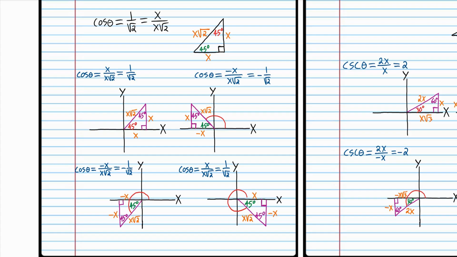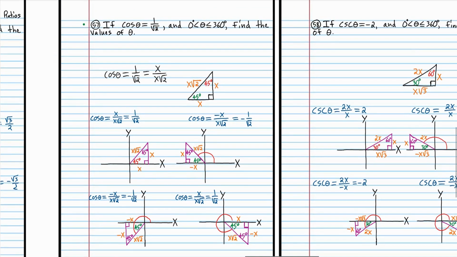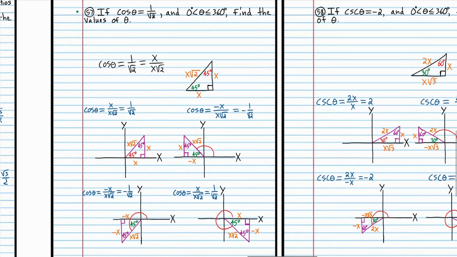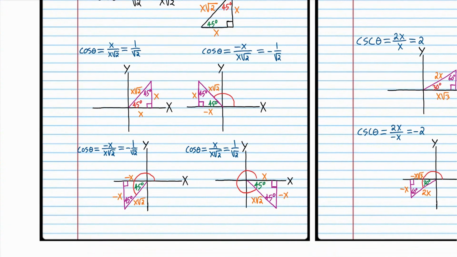And we simply ask the question, which one of these scenarios will produce positive 1 over root 2? And the answer is 2 of those scenarios will produce positive 1 over root 2. This scenario in the first quadrant, and this scenario in the fourth quadrant. So those are the answers.